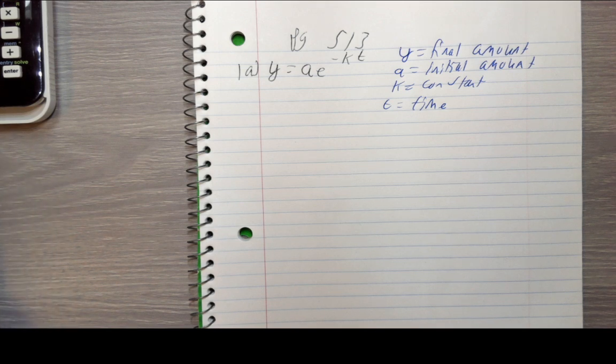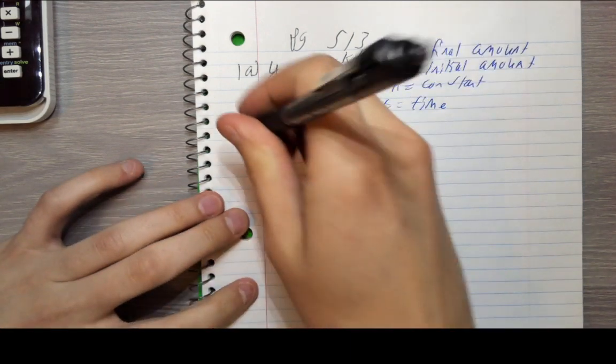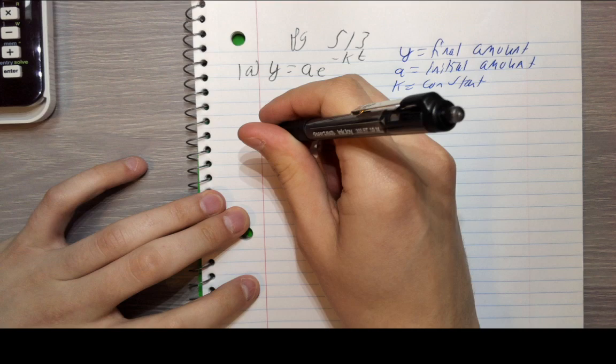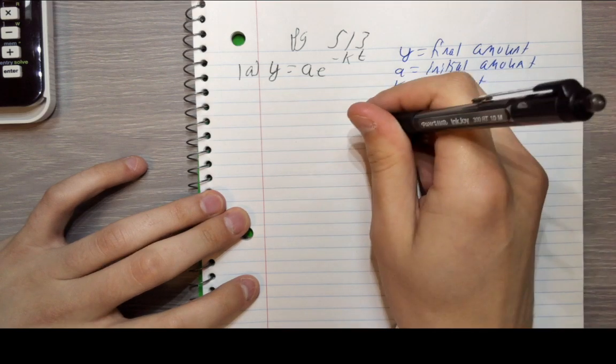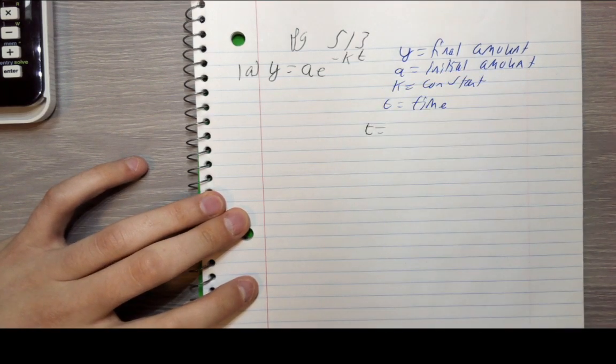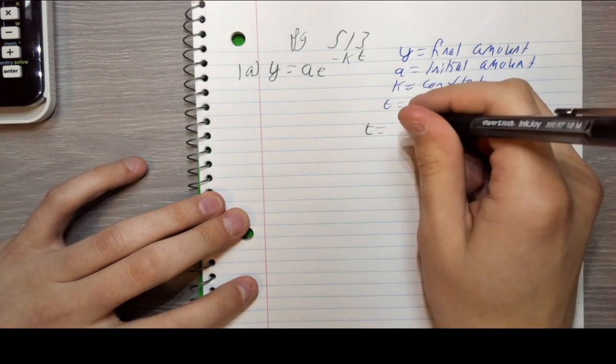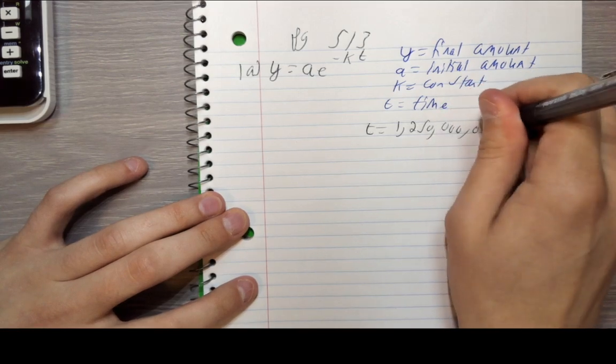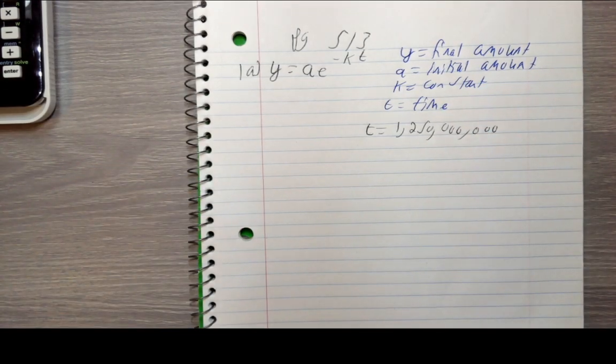Now, let's apply this to the actual question we have. The question says that we have a half-life of potassium that's 1.25 billion years. So in this problem, t is going to be 1.25 billion years, so it's 1,250,000,000.